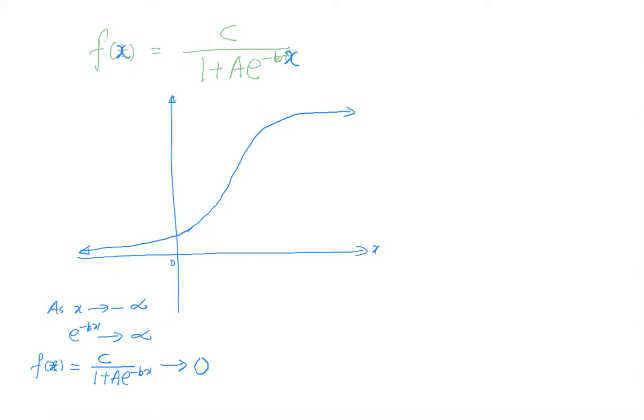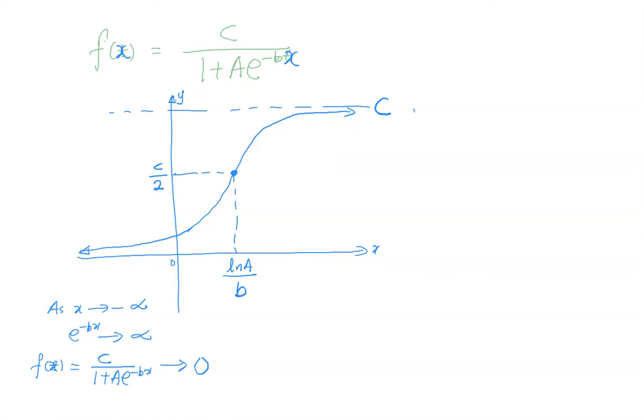And this is the upper limit, which is C. And the inflection point will happen where y is halfway, and the x we just found is ln A over B. So these are the special characteristics.